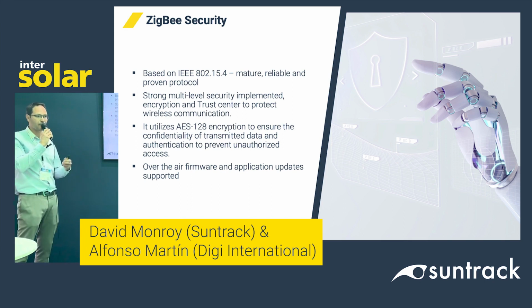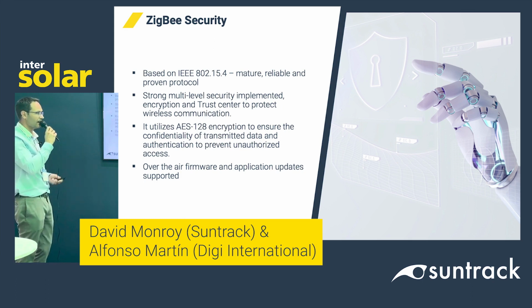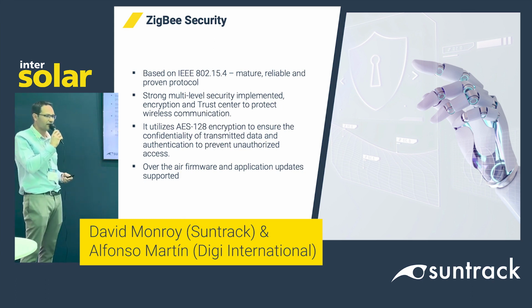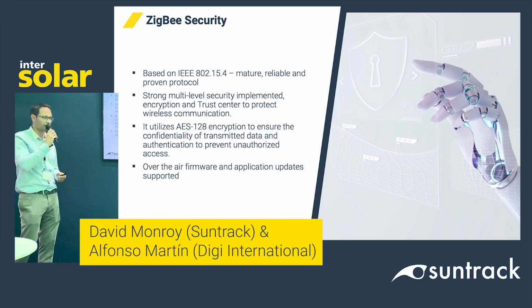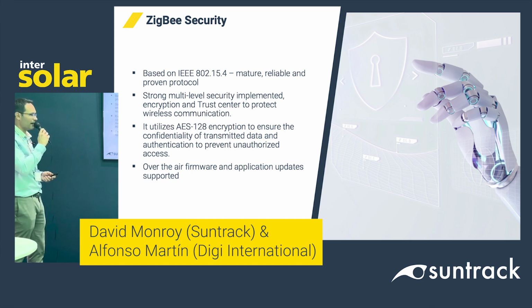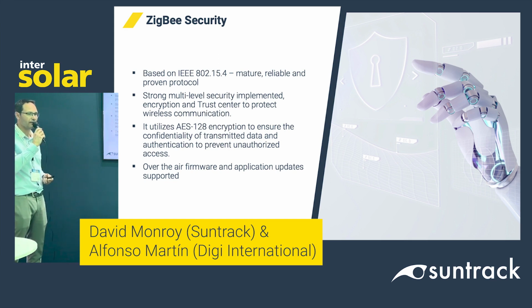Zigbee is providing 2 layers of security on the stack, so the user just needs to enable it and use it. It also uses Trust Center if needed in your network. By default, Zigbee is using AES 128 encryption.